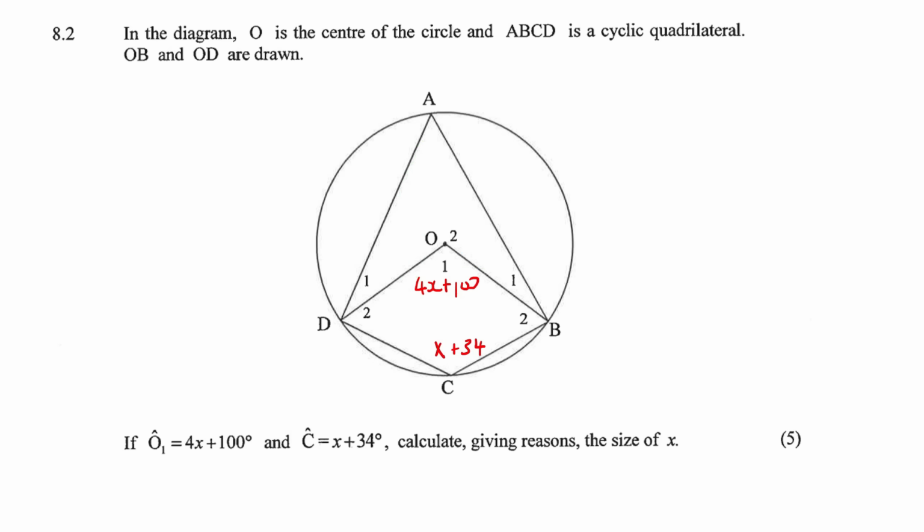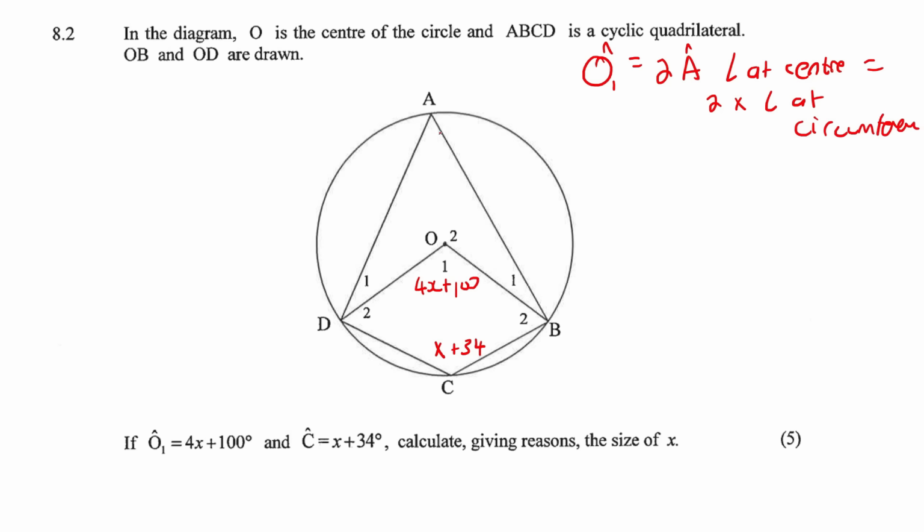For example, this one is going to be double angle A. So angle O1 is 2 times angle A, just because of angle at center equals 2 times angle at circumference.